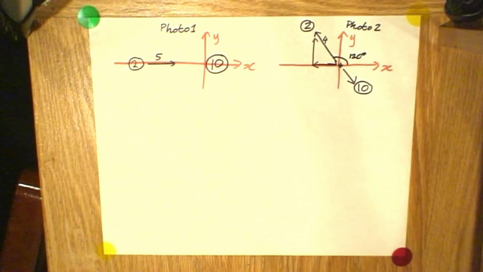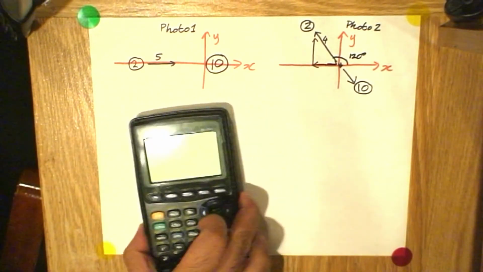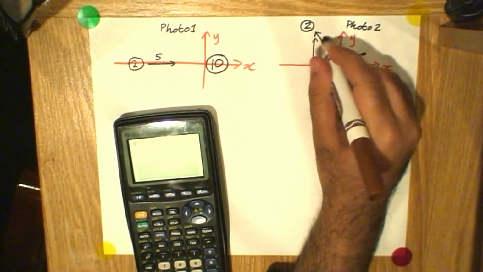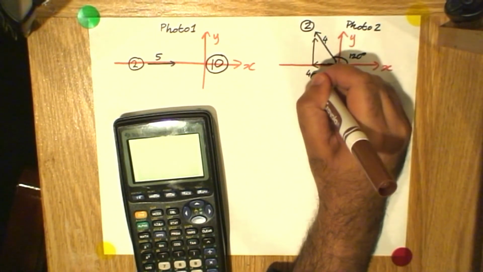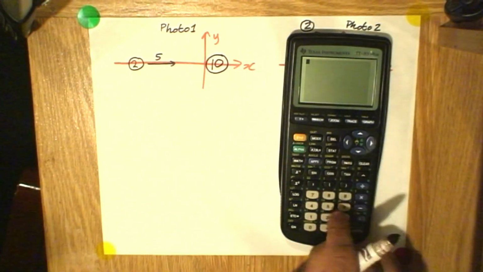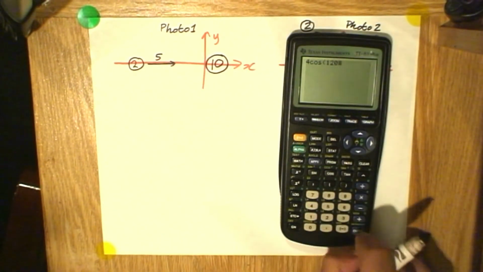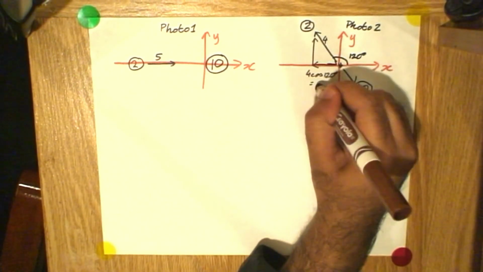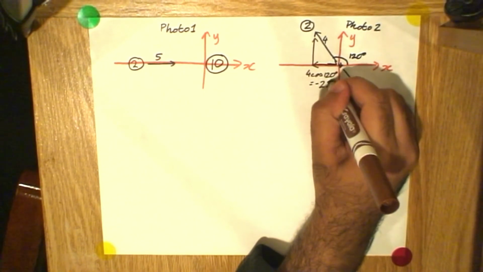So, the x component is always given by the length, 4 times the cosine of 120. 4 cos 120 is -2. So the x component of this velocity is -2 i hat.